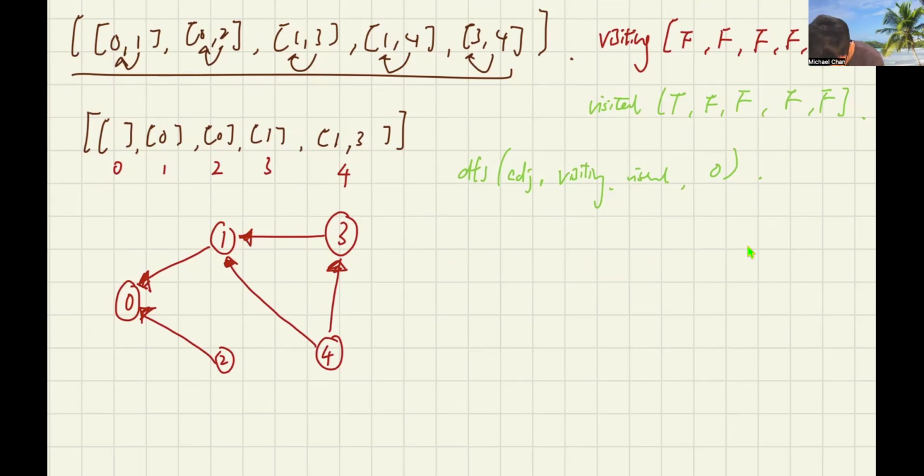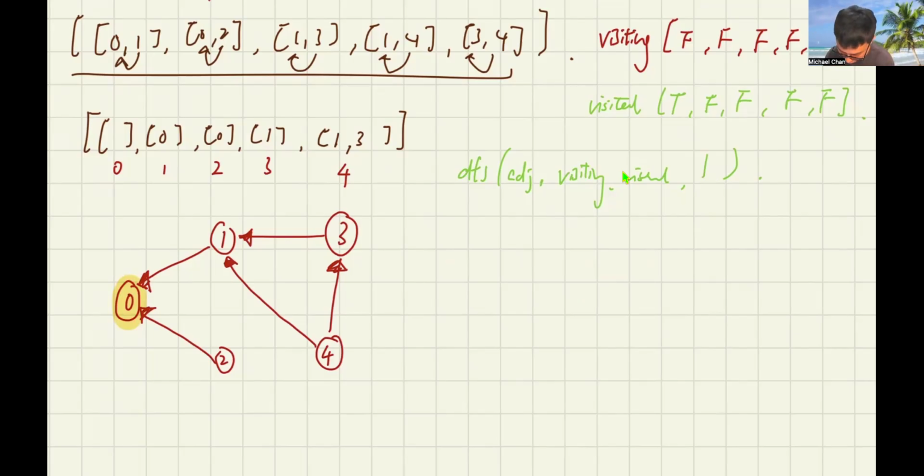And then now I'm going to the next one, which is 1, right? So this is in visited, right? So this is done. Now I am at 1. So what will happen in 1? So right now, the call stack will become 1, right? If visiting current equals to 1, return false.